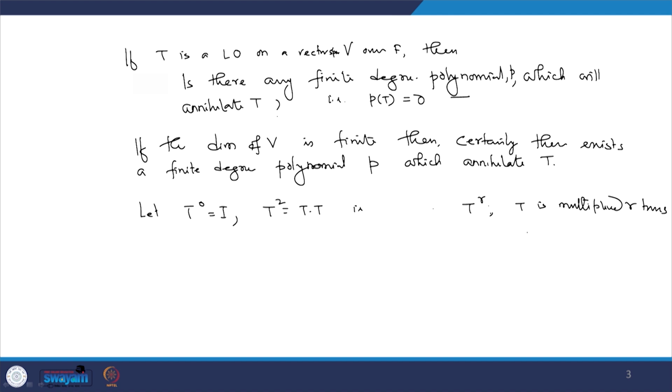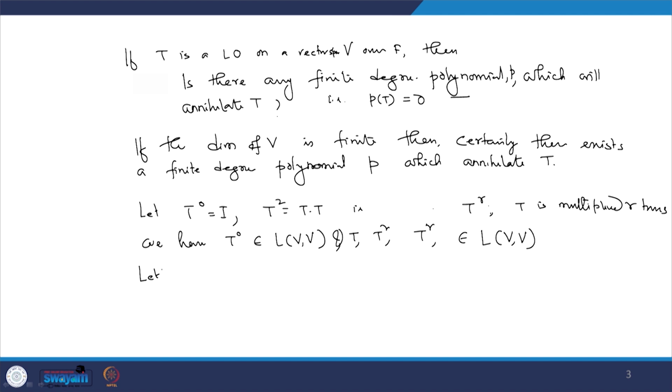So, we have T to the power 0, T, T square, T to the power r, all belonging to L(V,V), the set of all linear operators from V to V.